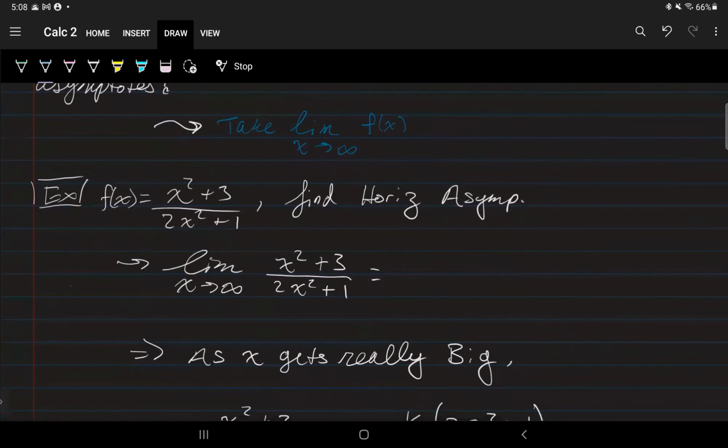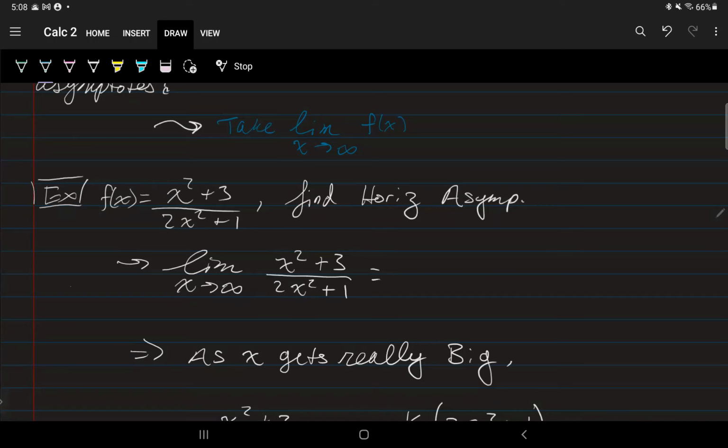So we're going to find the horizontal asymptote for this function, x squared plus 3 over 2x squared plus 1. To do this, we have to take the limit as x goes to infinity of this quotient. There are a couple of ways to do this. One way is to look at dominating powers, the coefficients of the term with the highest exponent.